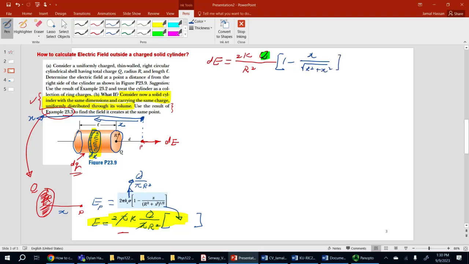In this example, the disk carried a total charge Q, but in our example, the charge on the disk is dQ. So I need to change this Q into dQ.